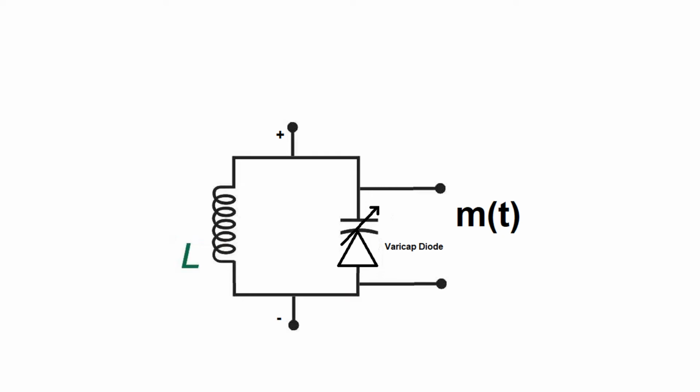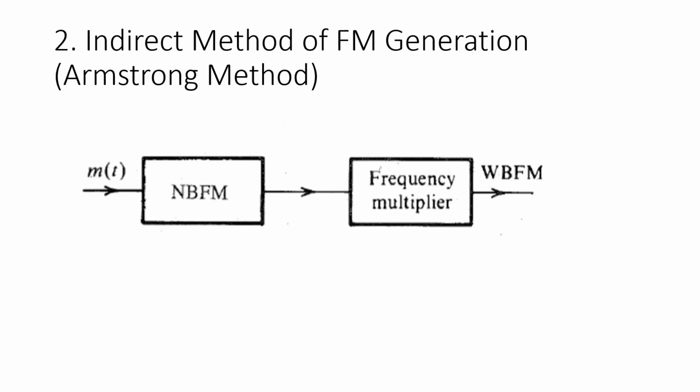As we know, for commercial FM broadcasting, wideband FM is used with a deviation of 75 kHz, and this large deviation is achieved with the indirect method of FM generation with the help of multipliers. In this indirect method, first narrowband FM is generated with a small carrier value and small deviation.